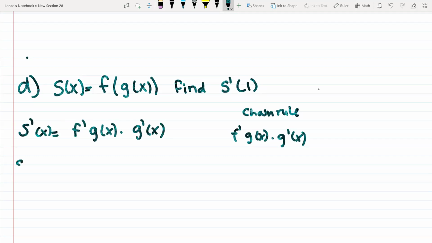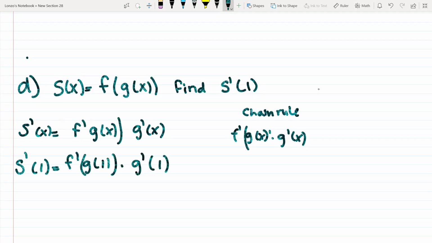So now we have to plug in 1, s prime of 1. So it's f prime of g of 1. Well, actually, this should be in 2 parentheses times g prime of 1. Okay, so what you do is do the inner parentheses first. So what I'm going to do is first find g of 1.